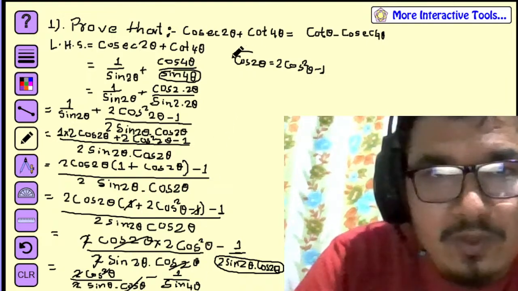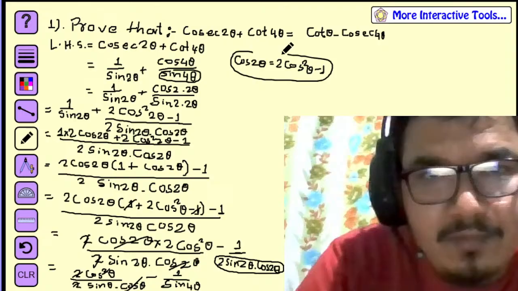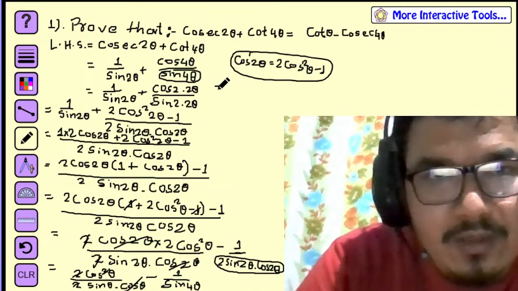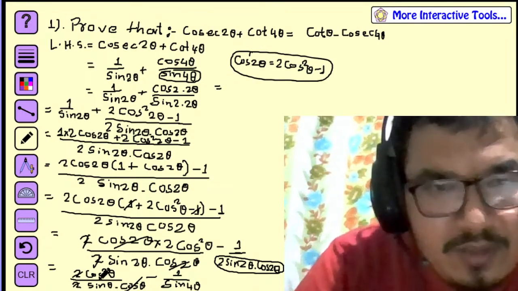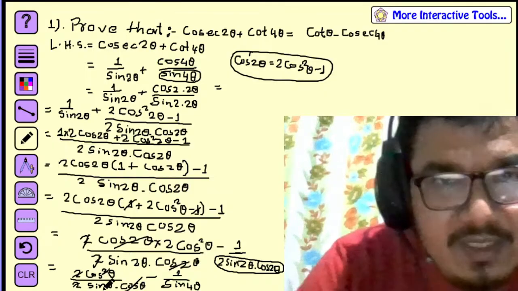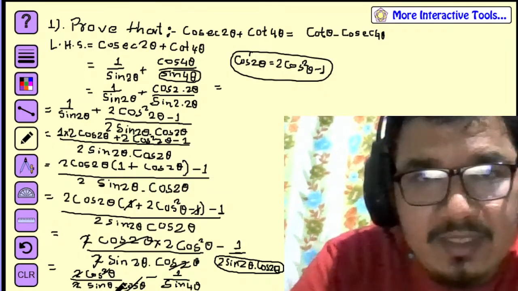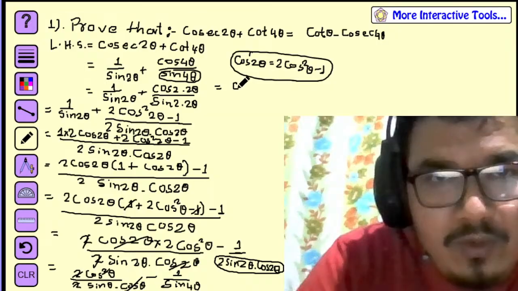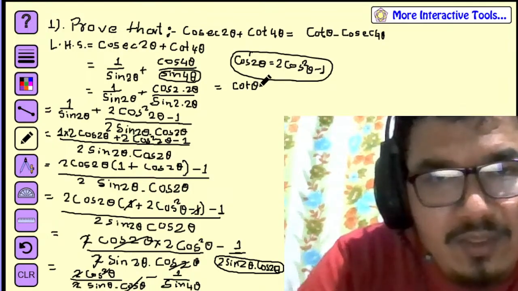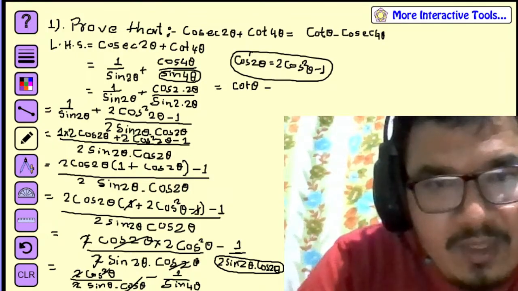Now look here, I want to solve this with the formula that I had written. Then we can write here cos by sine remaining. Cos by sine means cot theta, that is the quotient relation of the trigonometric function, minus 1 by sine.